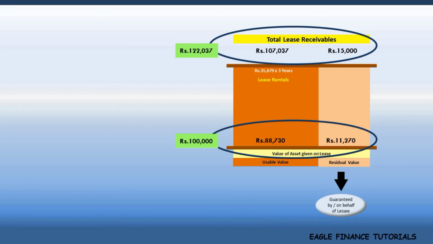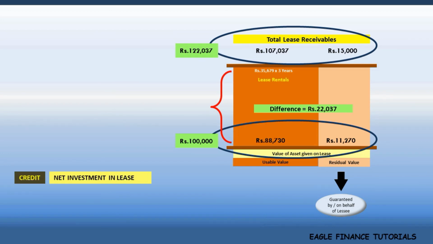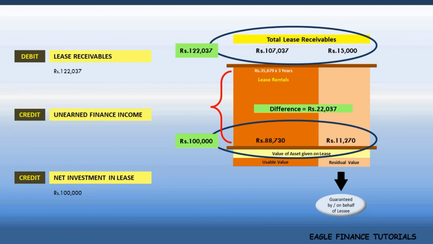The difference between the total lease receivables and their present values is the finance income. Now the entries. The entry looks like this.